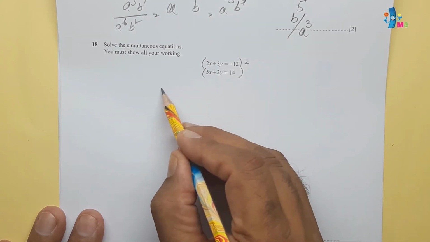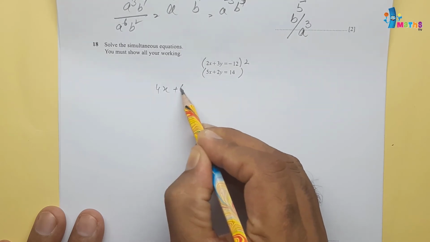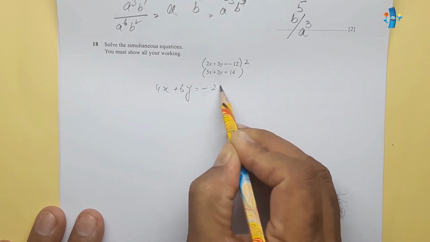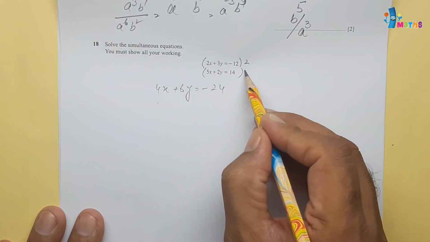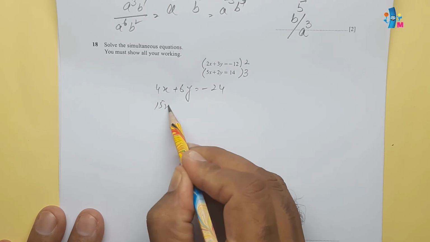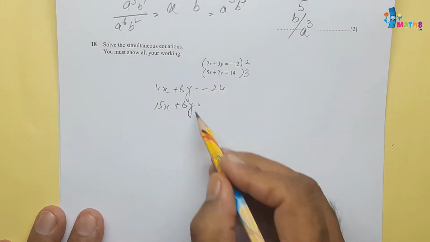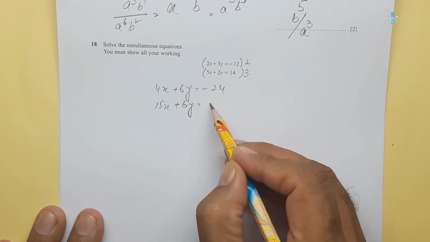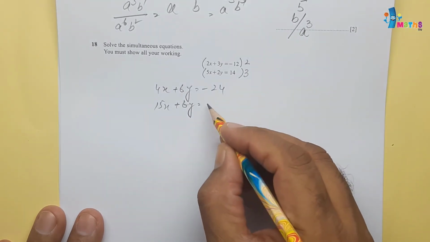We will get 4x plus 6y is equal to minus 24, and this will be multiplied by 3. So this will be 15x plus 6y is equal to 14 multiplied by 3. 14 multiplied by 3 will be equal to 42. So we can write here 42.